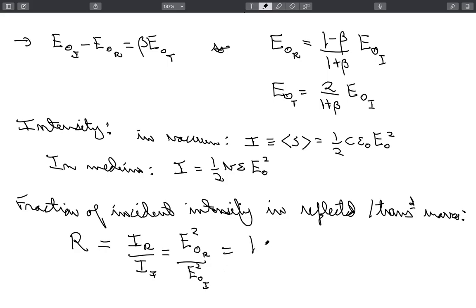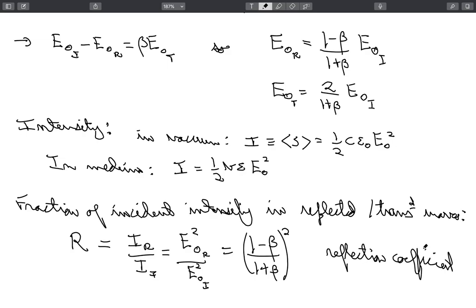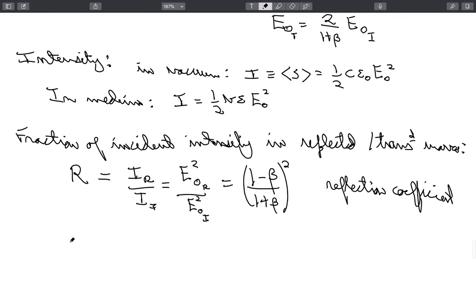This is going to be 1 minus beta over 1 plus beta, all squared. This is called the reflection coefficient. Similarly, the transmission coefficient is just going to be the intensity in the transmitted divided by the intensity in the incident.